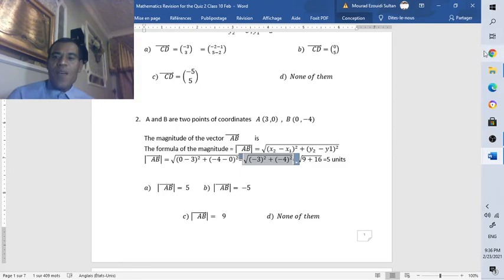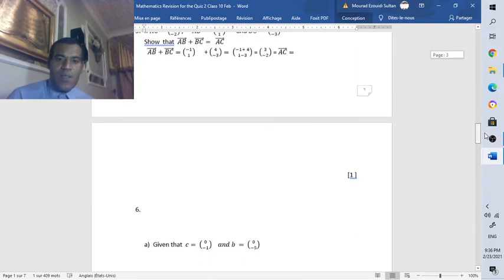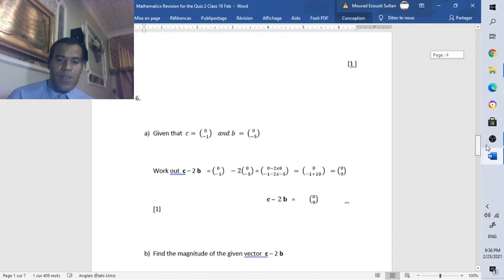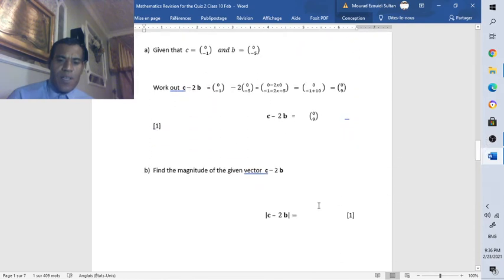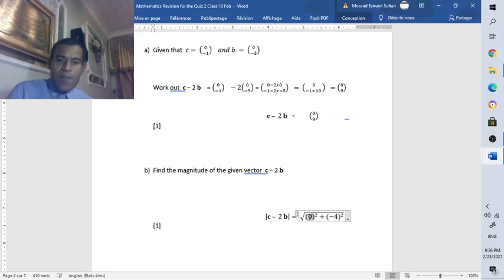Then I will go back and write the magnitude of this vector, which is equal to the square root of 0 squared plus 9 squared, which is equal to what, my learners?